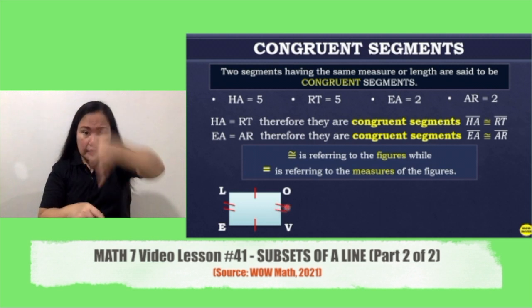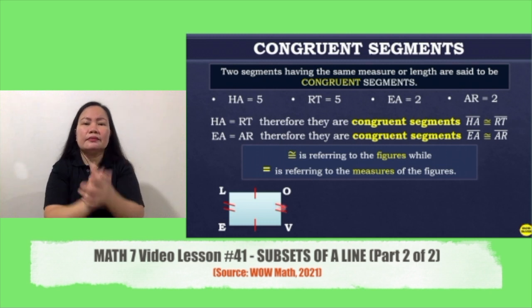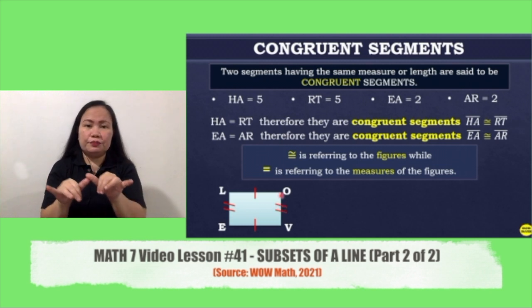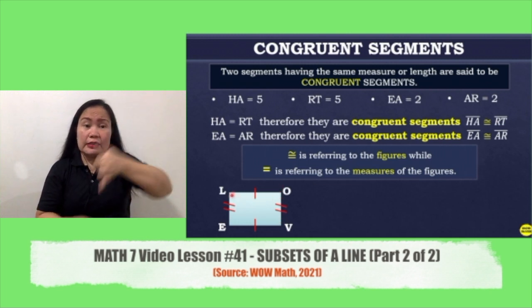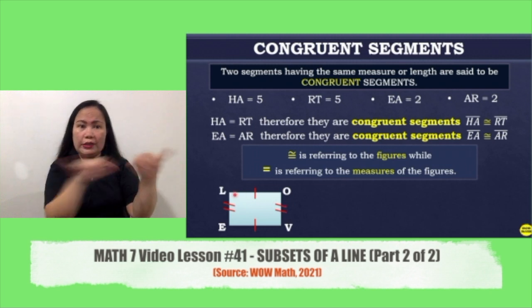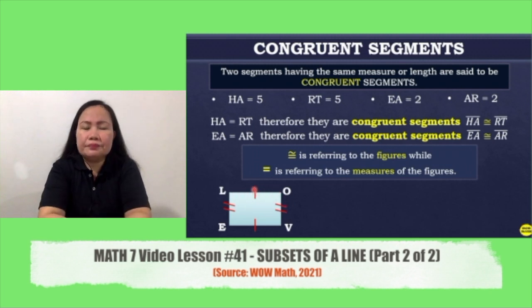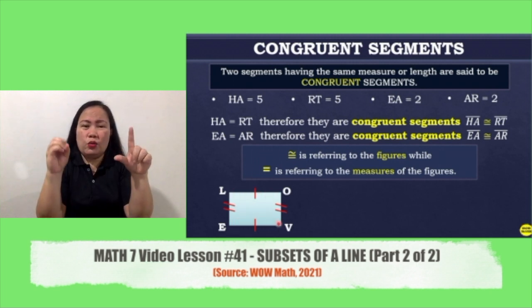So, pag meron kayong nakitang figure, tapos may mga tick lines siya, may guhit siya, that means that the measures, ibig sabihin, ang measure po nito ay kapareho nito. So, ito at ito congruent. Okay? So, ito rin po, since pareho nga sila, ibig sabihin, ang measure nito at measure nito ay equal. So, ibig sabihin, they are congruent.